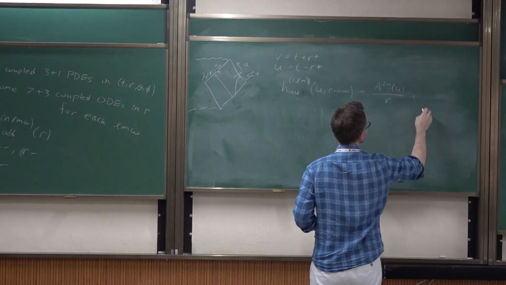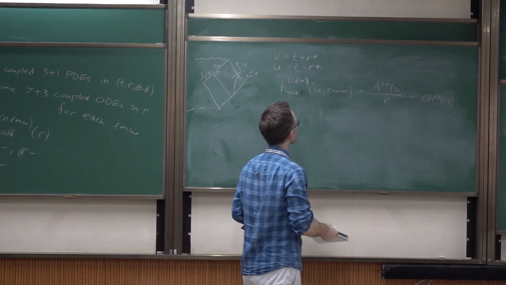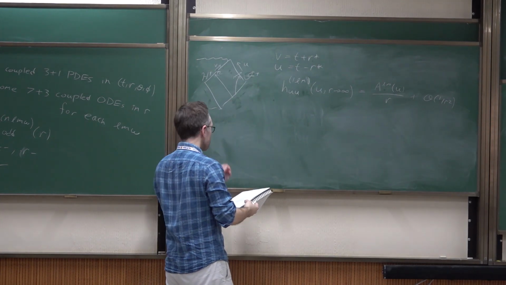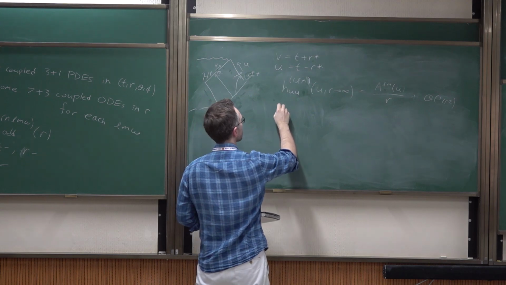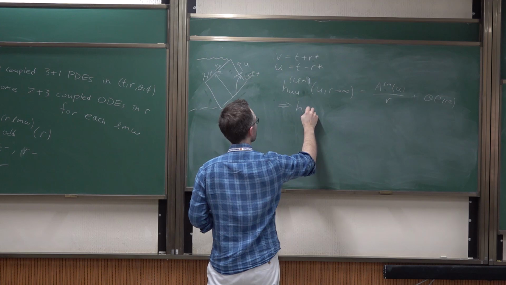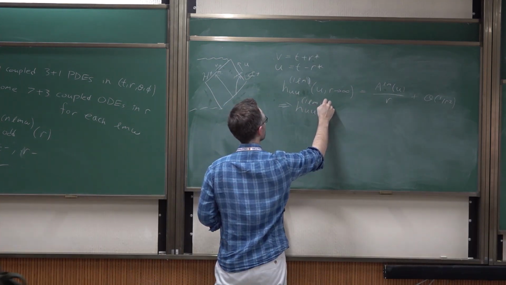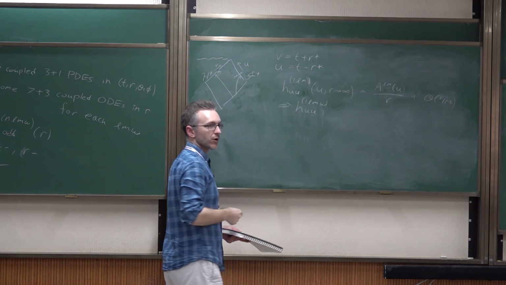So there's also subleading terms, 1 over r squared, etc. So if this is the behavior of the time domain field, what does this imply about the frequency domain field? There's a reason I'm stopping at 1 here, I'm not going to 2.